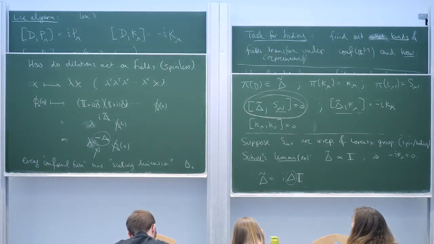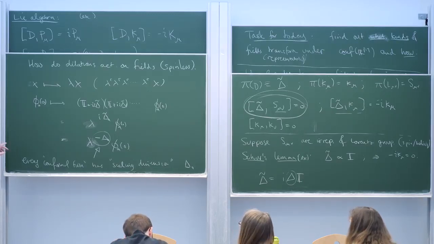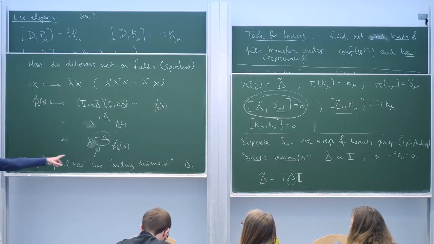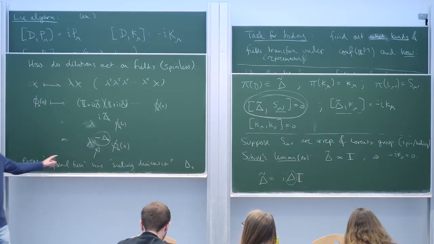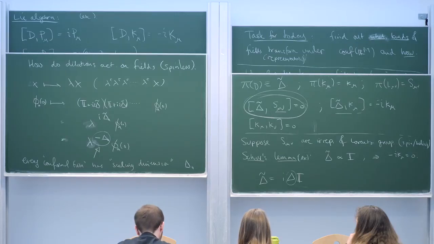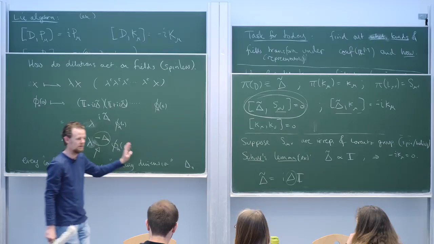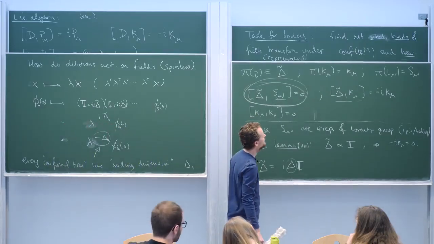This is an additional quantum number that comes into play when you talk about conformal field theories. I said quantum number. I shouldn't have said quantum number, but it will be. We'll promote it to a quantum number in the coming lecture. Now you might guess this on the basis of physical arguments, but here is a consequence of representation theory.